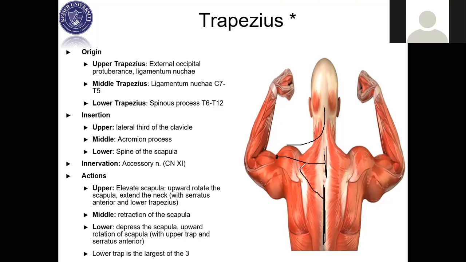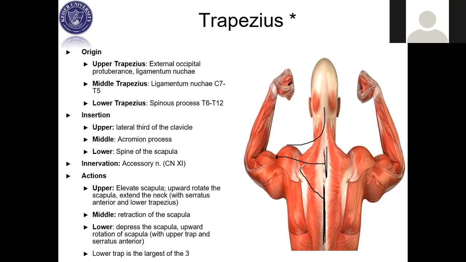Okay? So the lower trap goes from T6 to T12 as the origin, and it inserts onto the spine of the scapula. So the insertion points of the trapezius: upper trap, clavicle; middle trap, acromion; lower trap, spine of scapula.